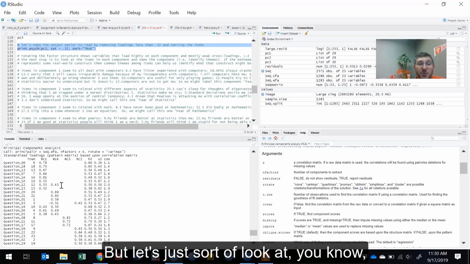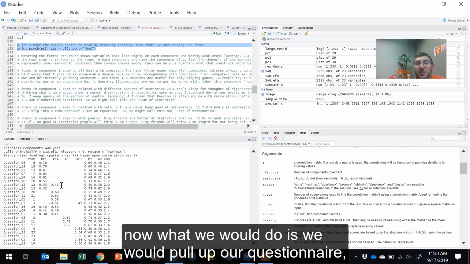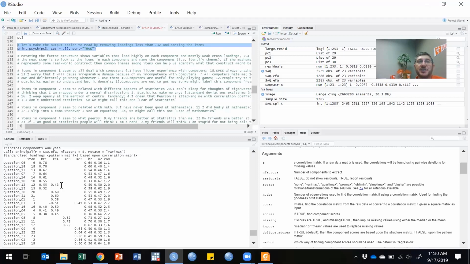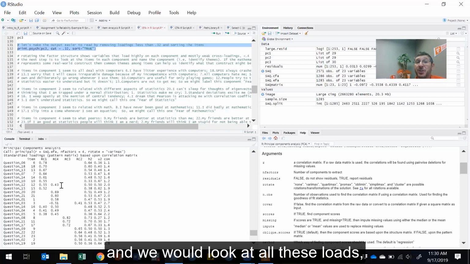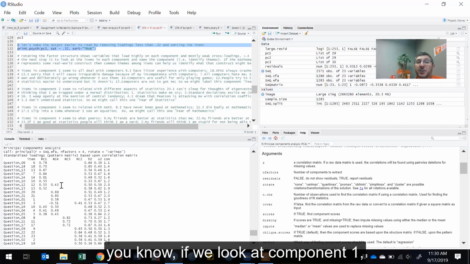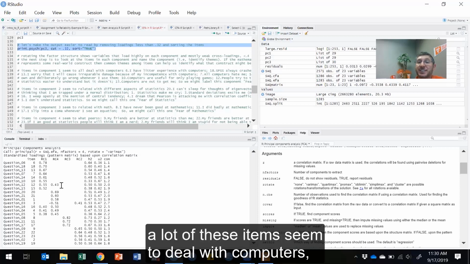But now what we would do is pull up our questionnaire, that SPSS anxiety questionnaire, and look at all of these variables. So let's look at question 6, question 18. If we look at component 1, a lot of these items seem to deal with computers.